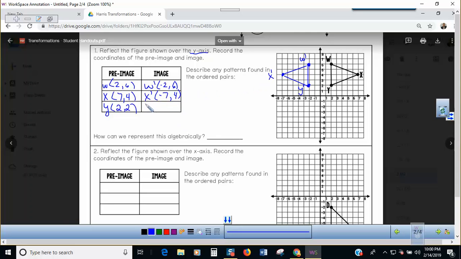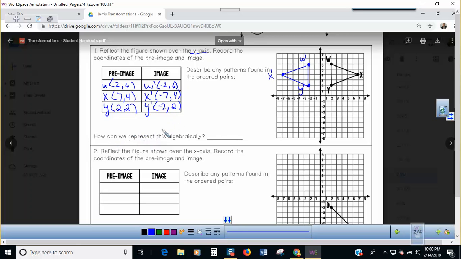And for Y prime, we're at -2, 2. So as you can see, the only thing that changed is our x coordinates. Okay, we had a +2, now we have a -2. We had a +7, now we have a -7, +2, now we have a -2.